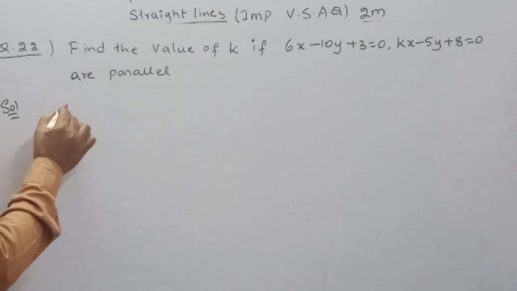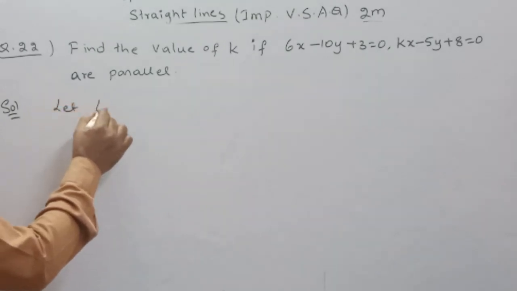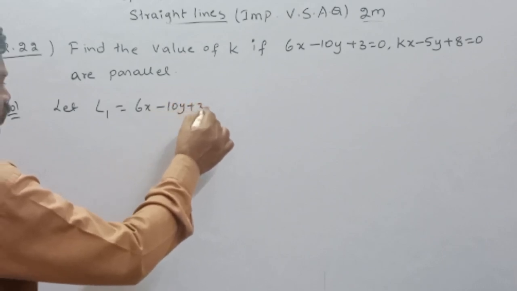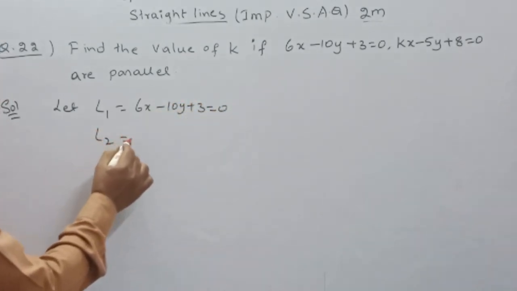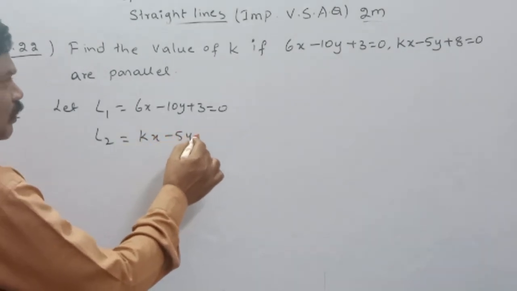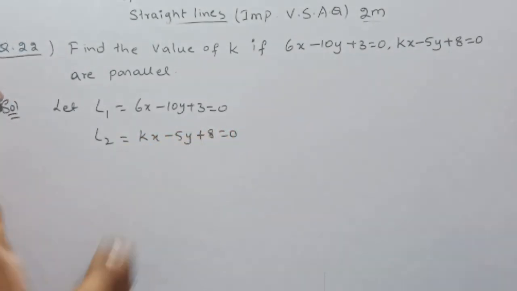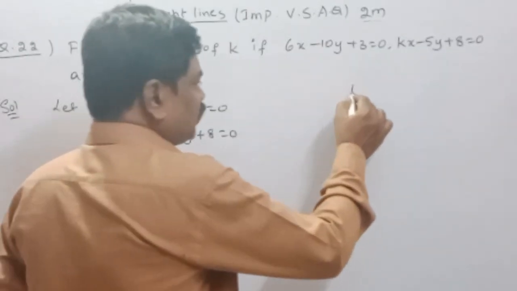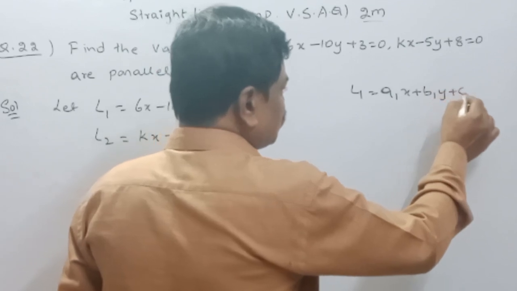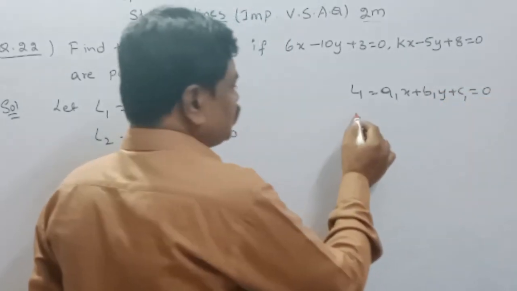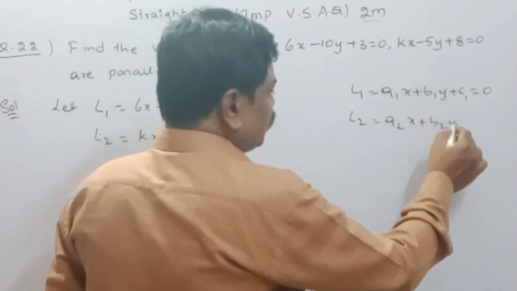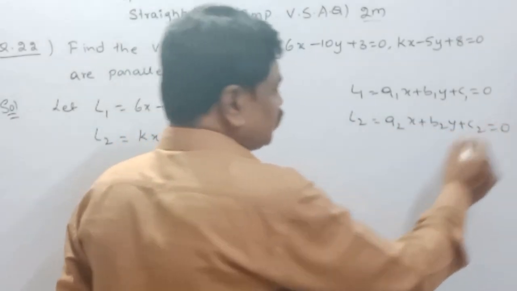Here let L1 be 6x minus 10y plus 3 equal to 0 and L2 be kx minus 5y plus 8 equal to 0. Suppose L1 is a1x plus b1y plus c1 equal to 0, and L2 is a2x plus b2y plus c2 equal to 0.